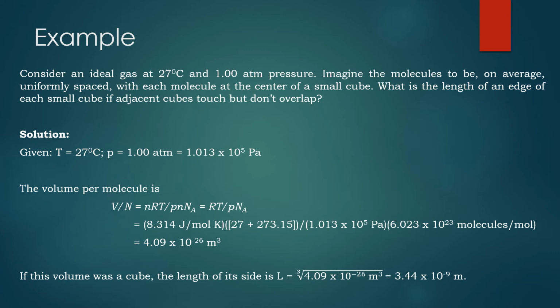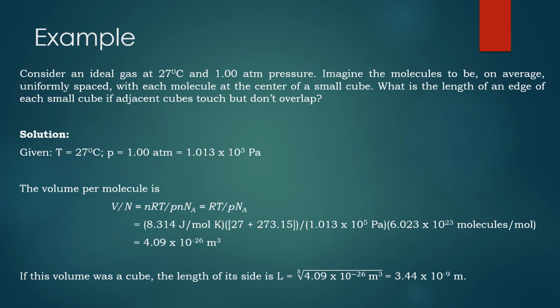The volume per molecule is equal to the volume of the gas divided by the number of molecules, denoted by big N. This is equal to nRT over P times the number of moles n times Avogadro's number, which is also equal to RT divided by the pressure times Avogadro's number N_A.